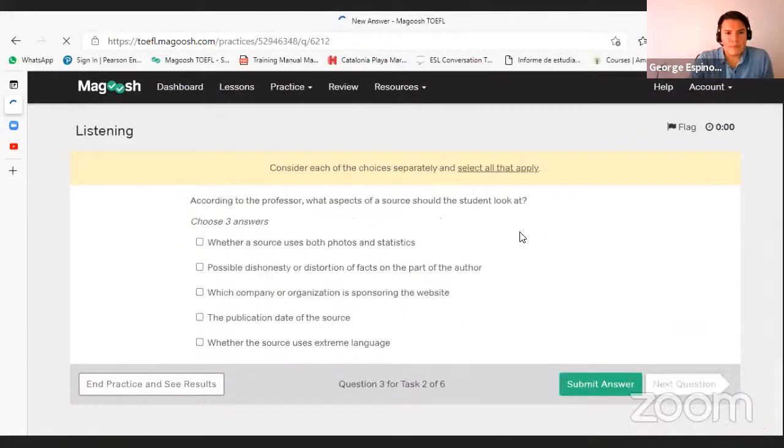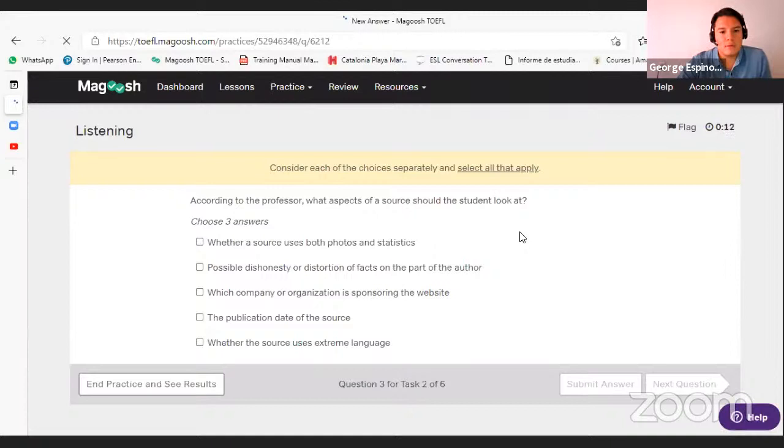Okay, so according to the professor, what aspects of a source should the students look at? The second, the third, and the fourth options.